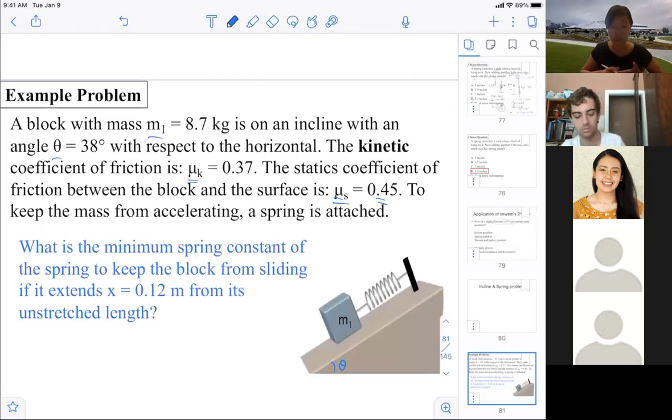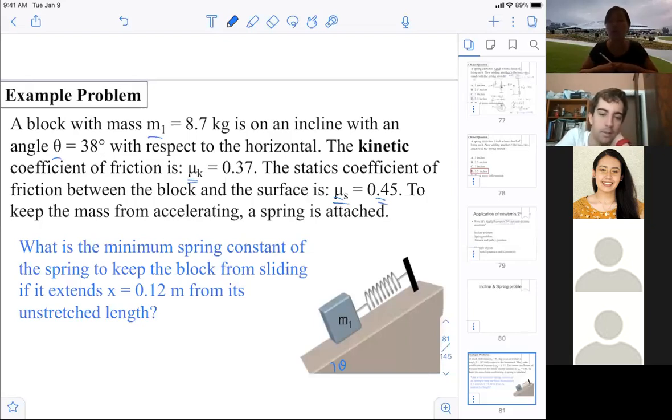The question is, what is the minimum spring constant that you need, the kind of spring you need? Let's say if you just put the box there, it's going to slide down. So you think to yourself, I'm going to choose a spring so that the box does not slide down. But you don't want to use a stronger spring than you need.